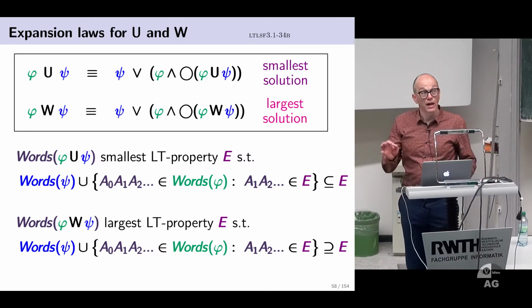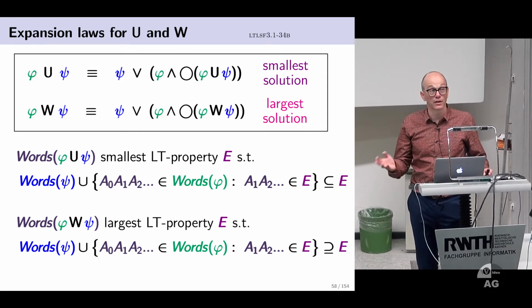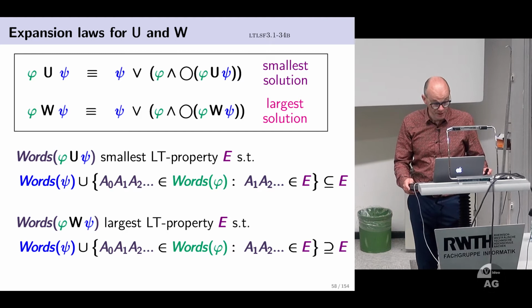The proof of this last fact goes along similar lines as the proof that I did in the previous lecture for the statement about the smallest property.